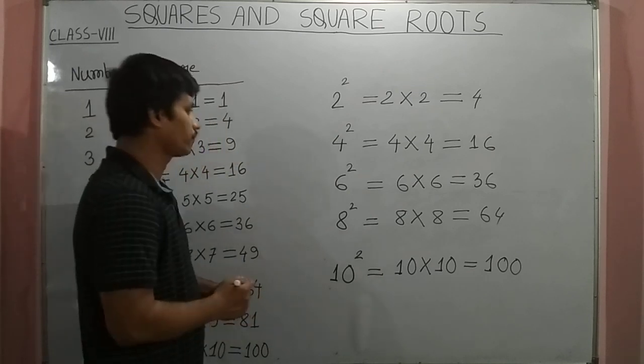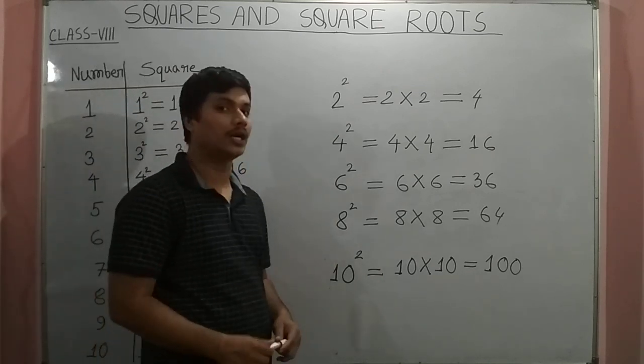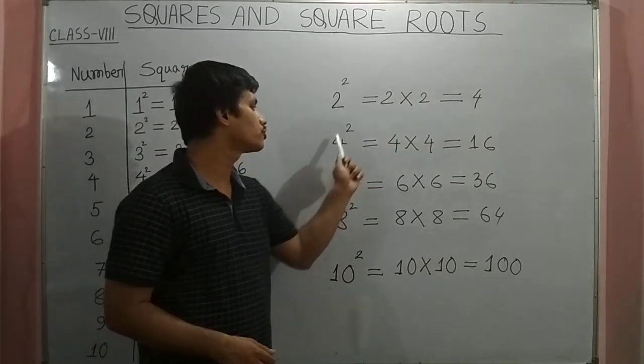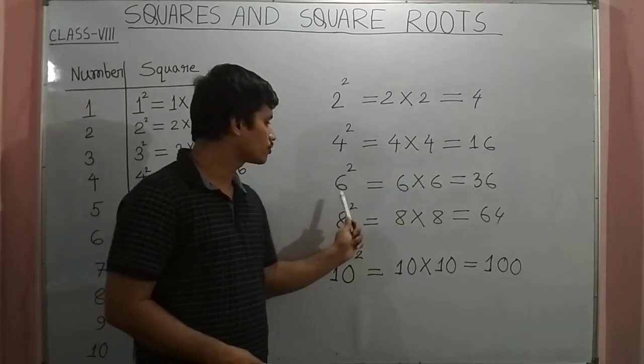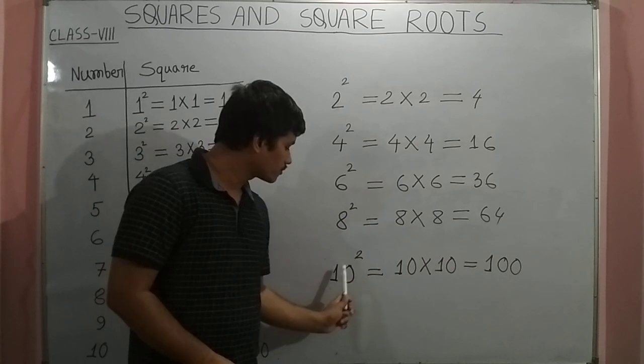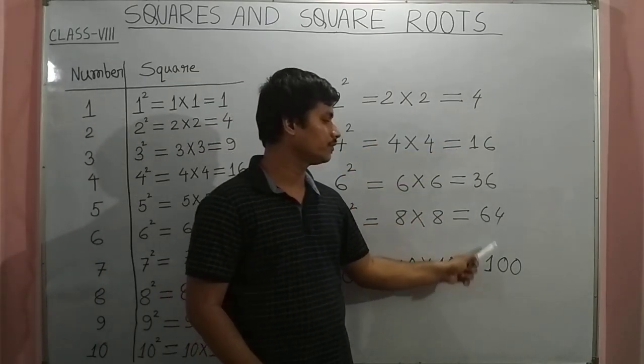Now students, 2, 4, 6, 8, 10. These are even numbers. Now the square of 2 is 4, square of 4 is 16, square of 6 is 36, square of 8 is 64, square of 10 is 100. See, 4, 16, 36, 64, 100.